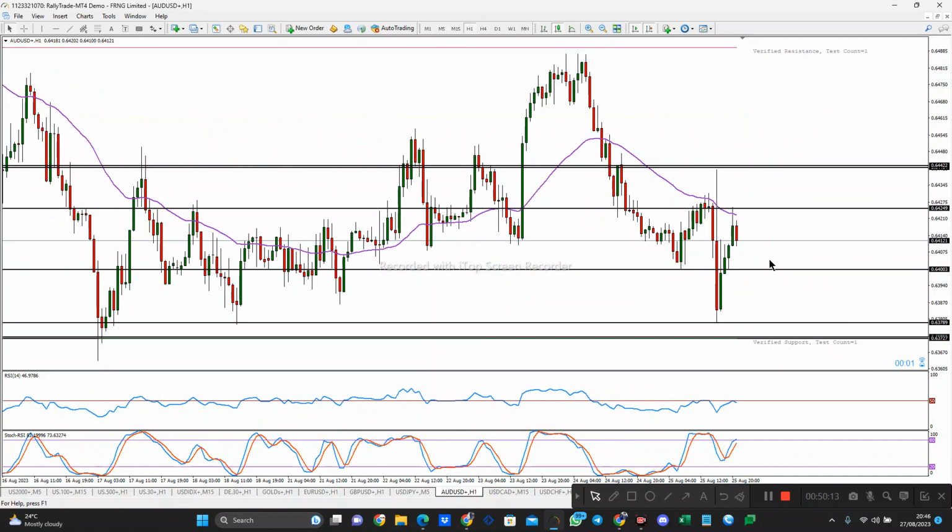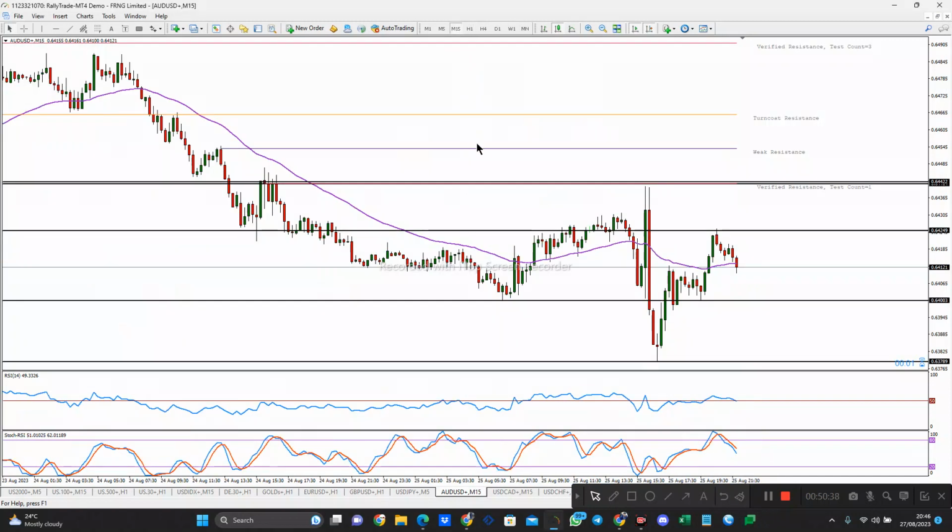So probably expecting that as this is going down a bit, this should also be coming up and then coming like this for that downtrend to continue.